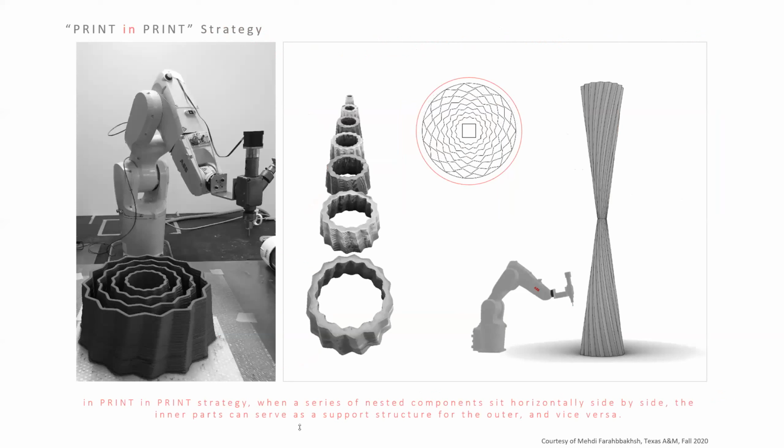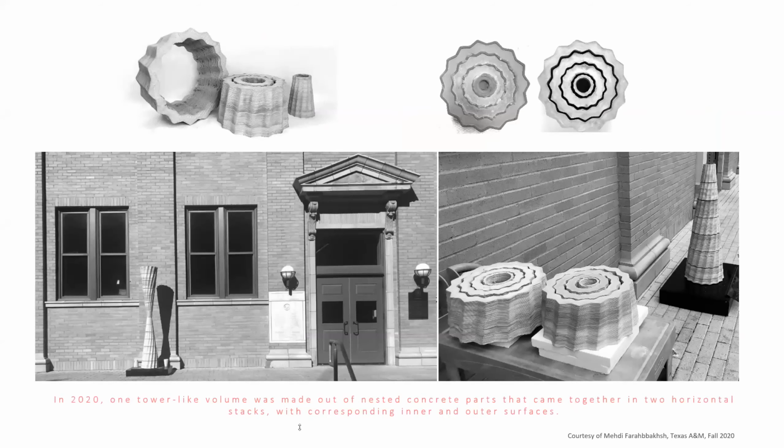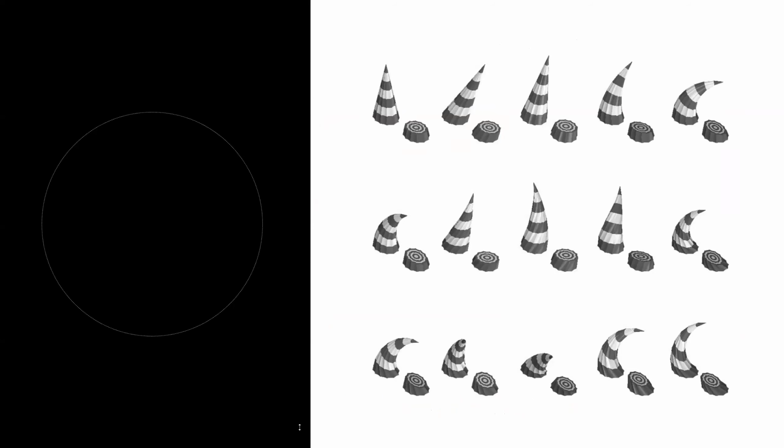All of them were about the nesting and 2 different techniques of print, in print or on print. In this one Mehdi covered, we printed the shell or the formwork and cast the material inside, and then take the material out. And you can almost generate any typology of form out of these techniques.